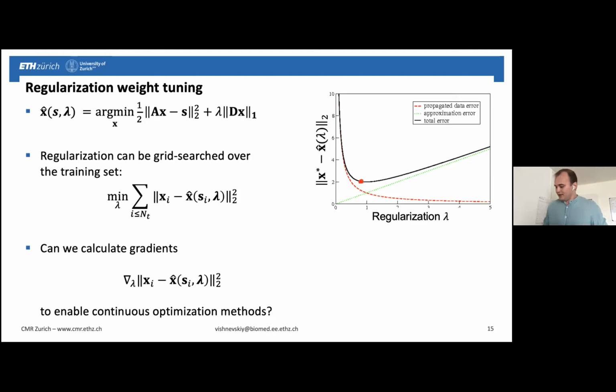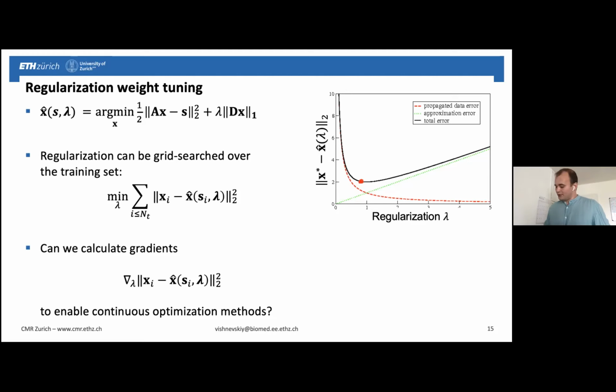However, in this case, we have only one parameter to tune. You can imagine that we can add a few penalties, a few regularizations. Then we will have to tune multiple different regularization parameters, and we cannot grid search in high dimensions.